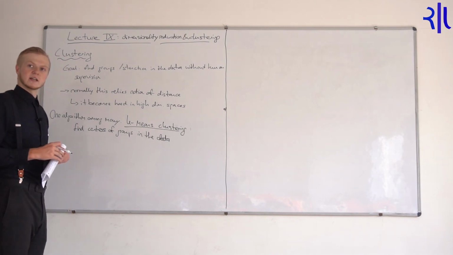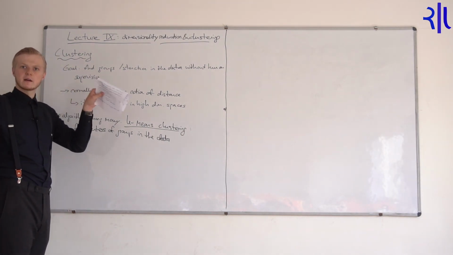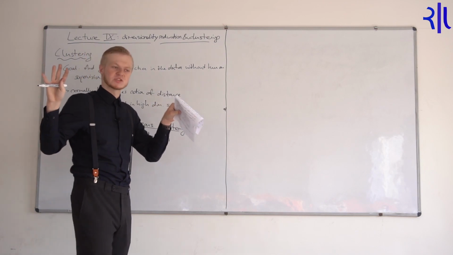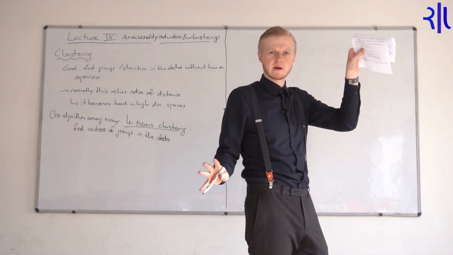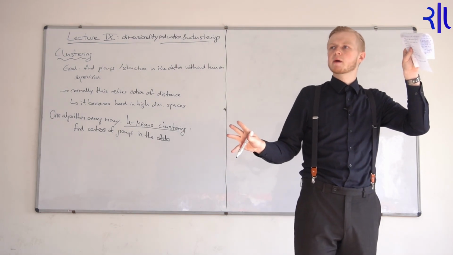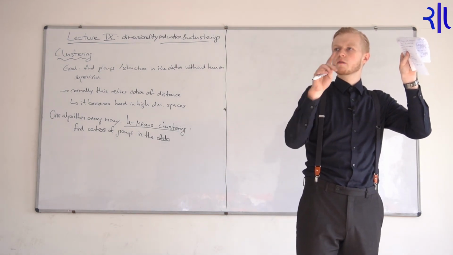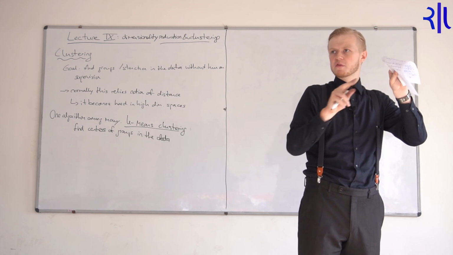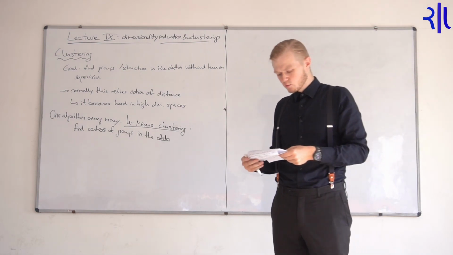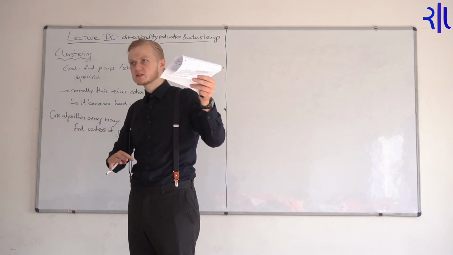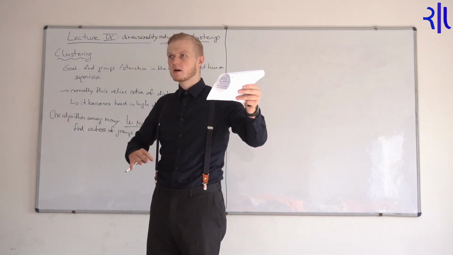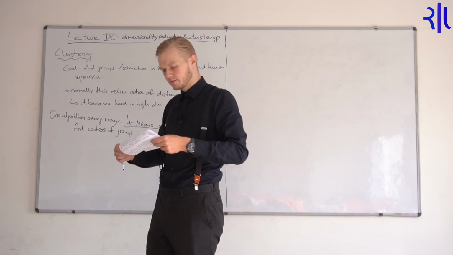The idea here is that if our data is separated in some kind of groups, so there's a blob of data over here, there's a blob of data down here, then we somehow want to find the centers, the means of those blobs. And the way we do that is iteratively. We change the means and we change which data point belongs to which cluster.